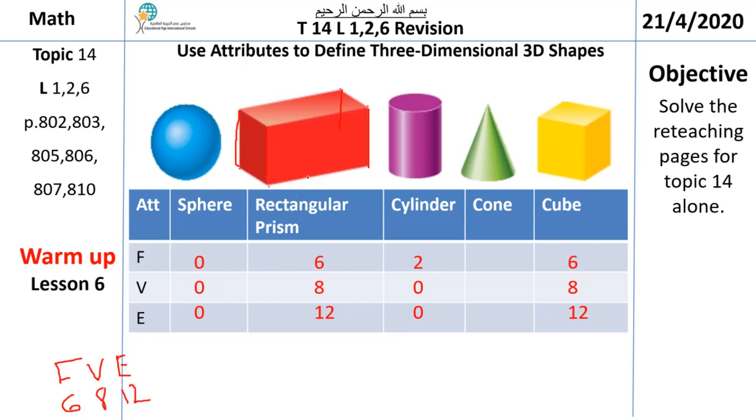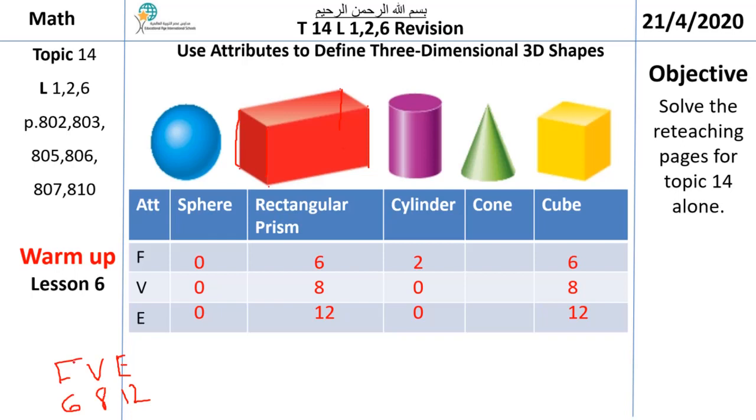That is when I ask you about the rectangular prism or the cube, because they are both the same in the defining attributes. So FVE, you will say 6, 8, 12, and then you will see what the question is asking you. Is it asking you about the edges? So you go to the E, under it you have 12, so you will choose 12. Is it asking you about the vertices?